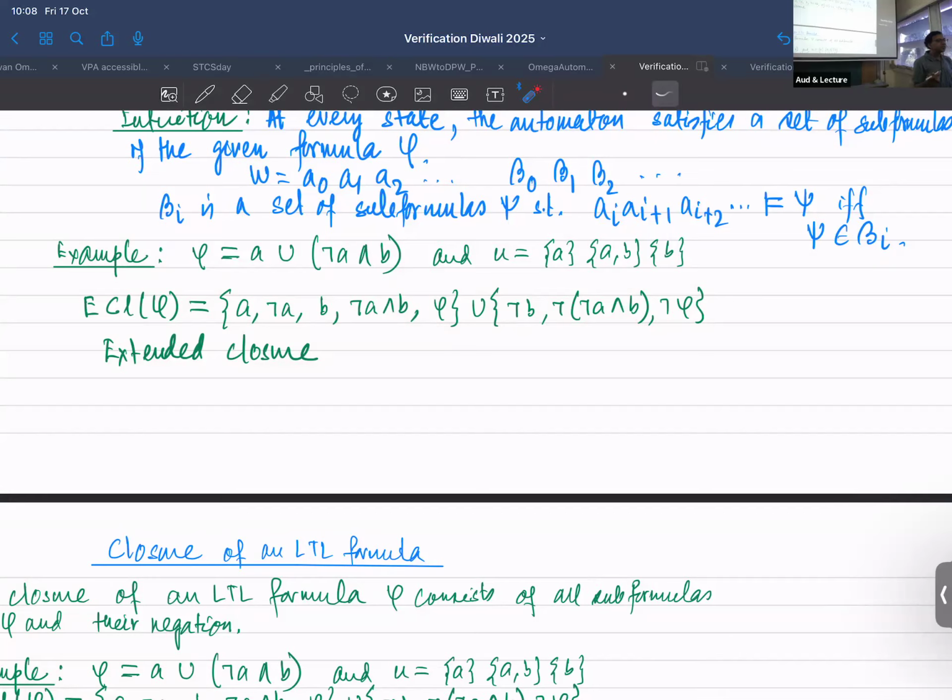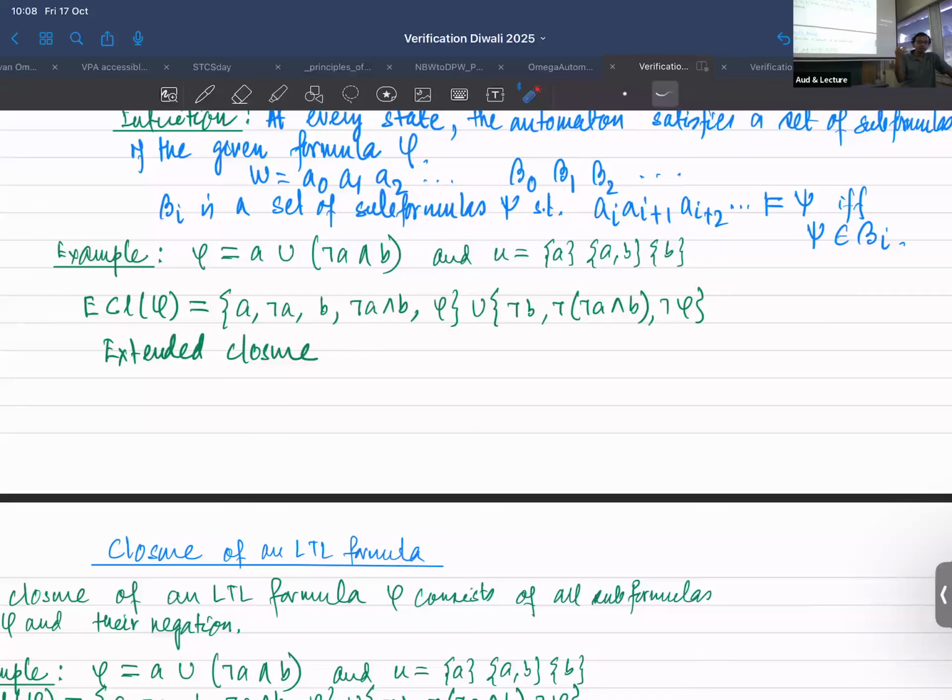So you take these, and now the states are not just individual elements, but subsets of such elements. At every stage, if you are in a state beta i, then the remaining word is going to satisfy all the formulas which occur in beta.